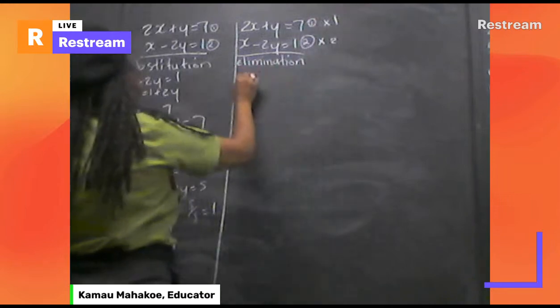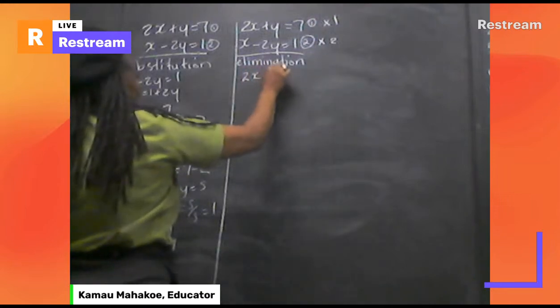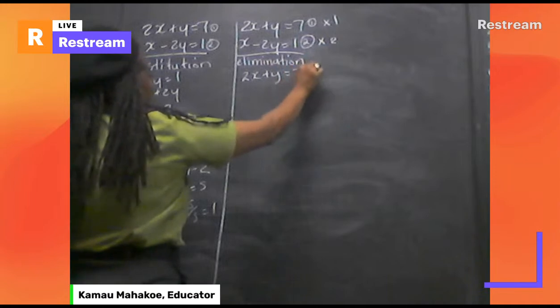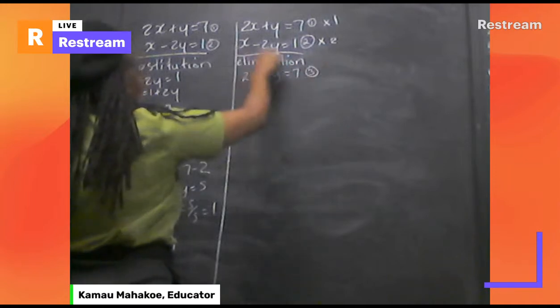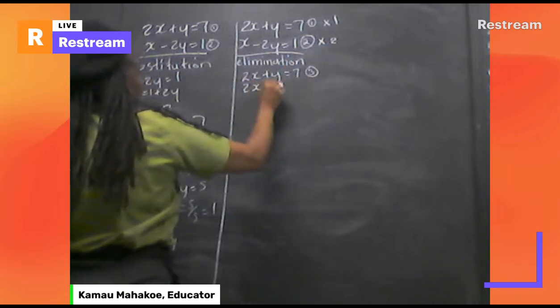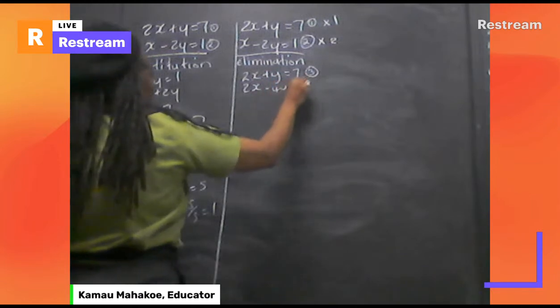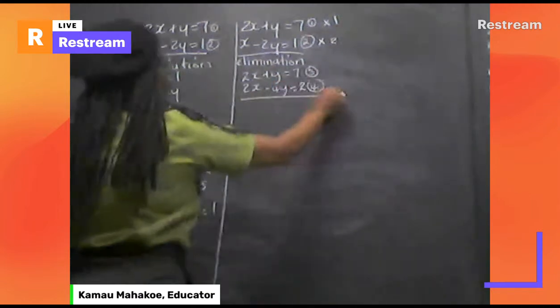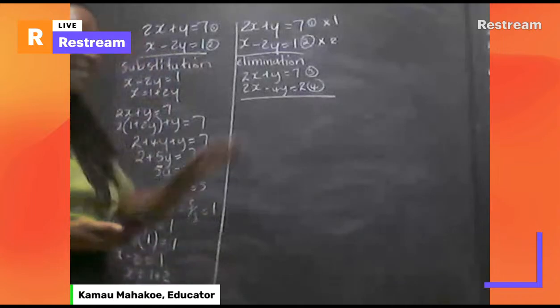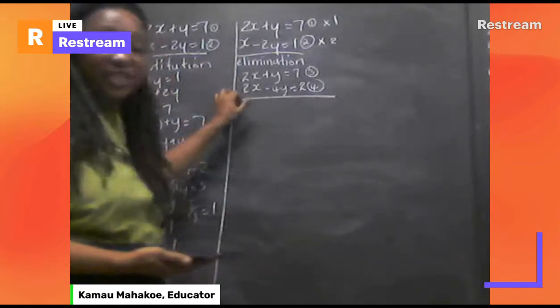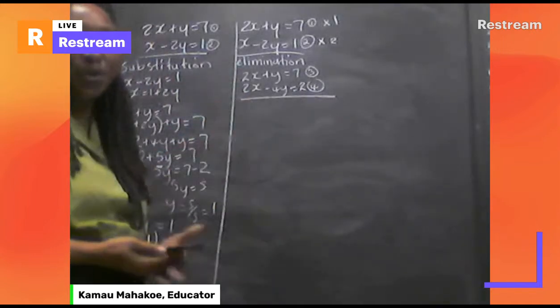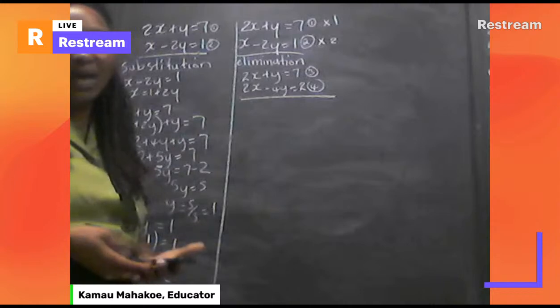So this will give me the same thing for the top equation, and that's equation 3. And this will give me 2x minus 4y equals 2. All right, so now that I have the same coefficient, I can go ahead and subtract the equations to eliminate the x variable.